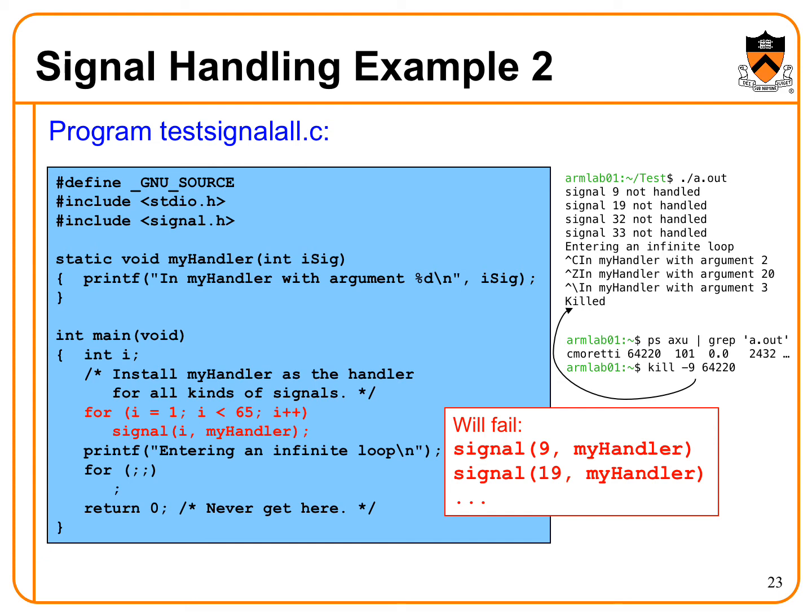I in fact had to go to another window and invoke a kill command with kill -9 on the process in order to kill it off. Note also it fails to install 32 and 33, and that's because these are controlled by the native POSIX thread library in the glibc version that we specified in our #define macro, but that's beyond the scope of this course.